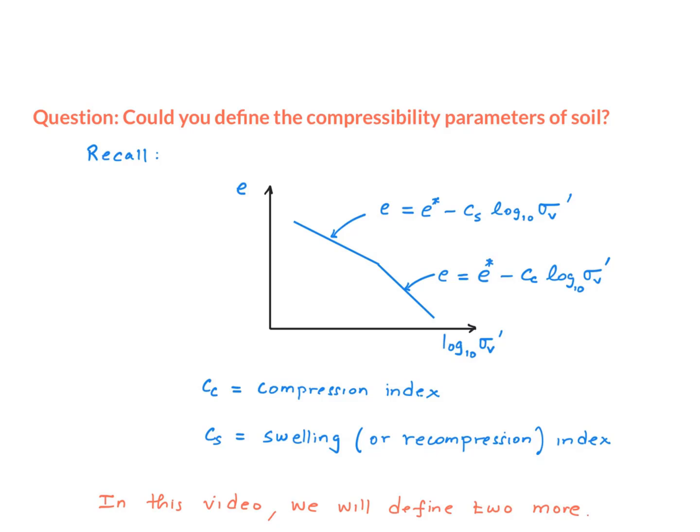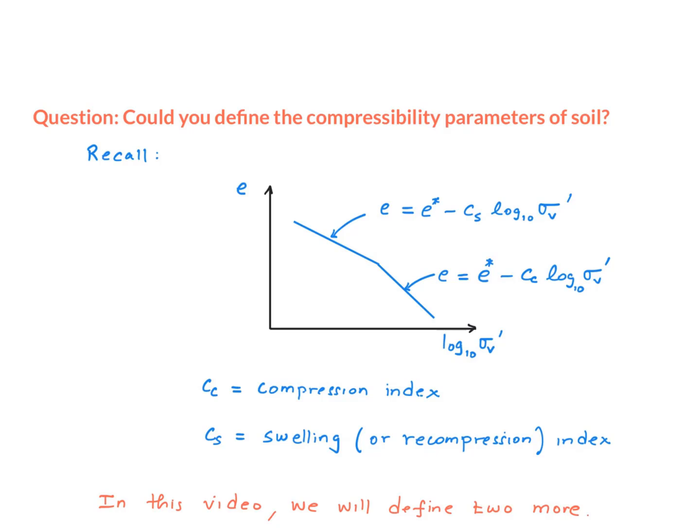And therefore the same swelling index C sub S represents not only the swelling line but also the recompression line. And for that reason is also sometimes called the recompression index. So these two are compressibility parameters of soil that we already talked about.